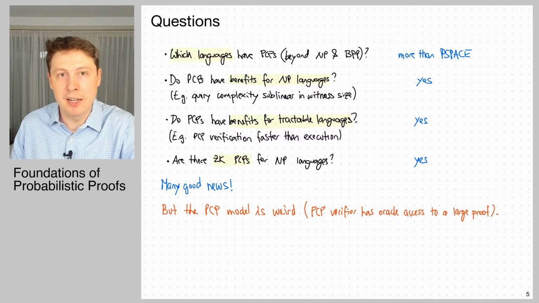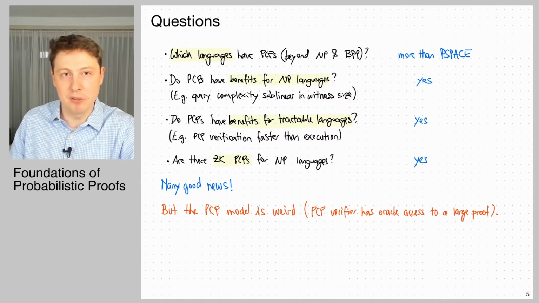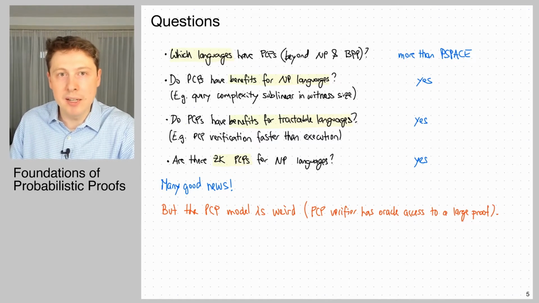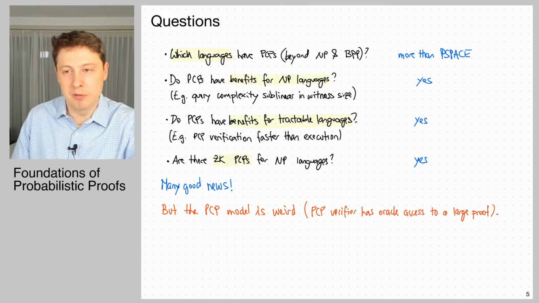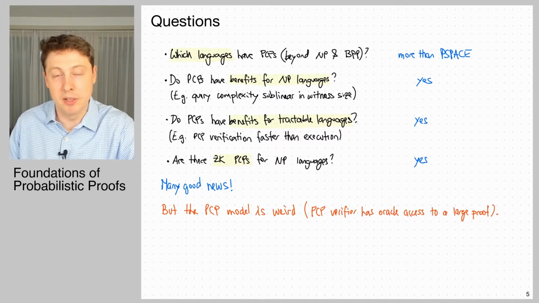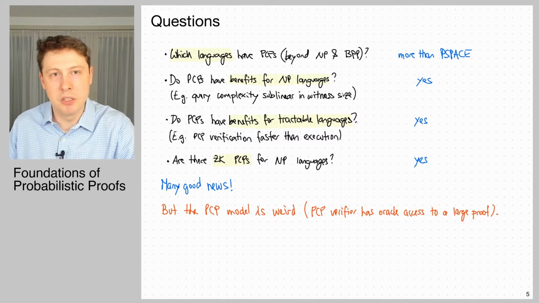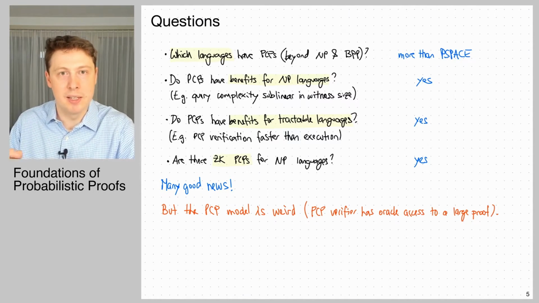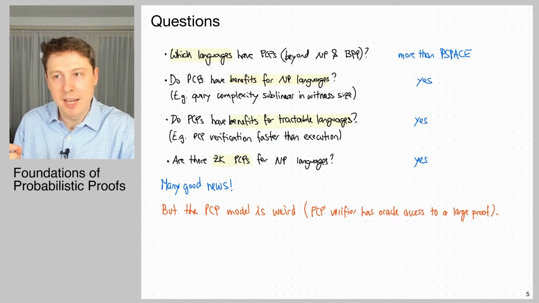And how can the verifier have oracle access to something received over the wire? It's kind of unclear, right? Do you write a PCP on a DVD and then send it over? Still, the DVD reader would have to bring the head to a certain part to make the query. So the cost model is abstracting a lot away.